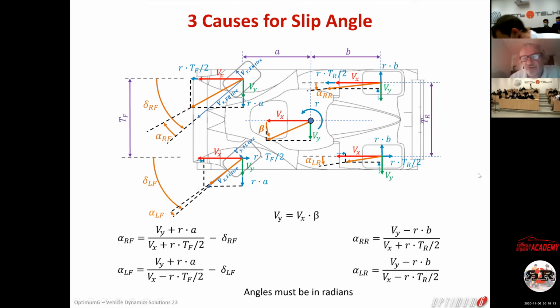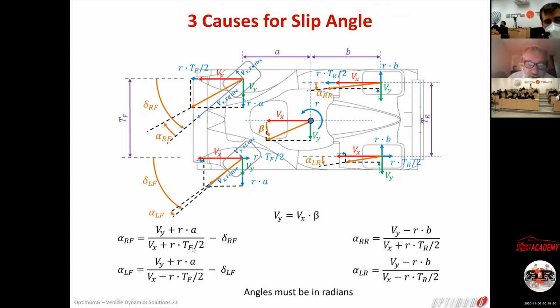And so that's going to give you the calculation of the slip angle that you have on each tire. The slip angle on each tire is a function of Vy and Vx, and the arctangent of Vy divided by Vx gives you the angle beta. It's going to be a function of the yaw velocity and A and B, so the wheelbase and the weight distribution are going to play a big role.